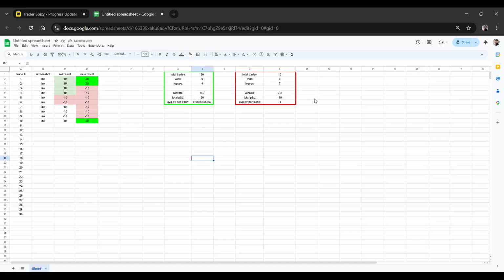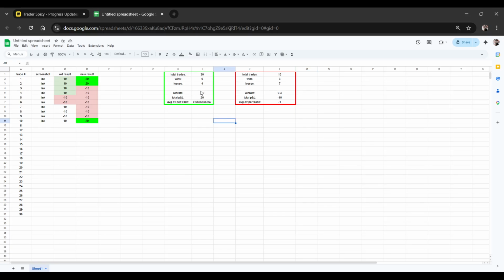So the more sample size you have and the more reliable the data is, the more you can use that data to make a judgment call on whether or not you should actually make a change to your system. This can be an entire video in and of itself. I could ramble on this topic for quite a while. There's a bunch of things you could potentially think about.